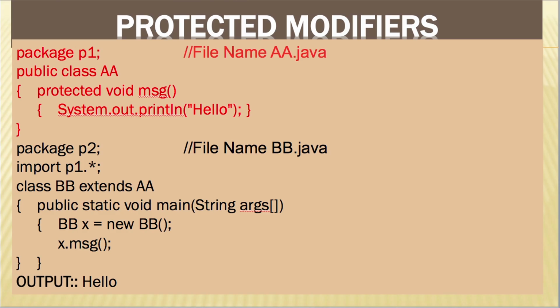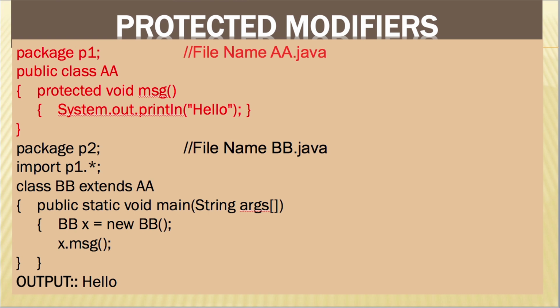But in the case of the previous modifier, the default modifier, we cannot use it. Here we can use the message method, x.message, and we don't have any error message by running this one also.